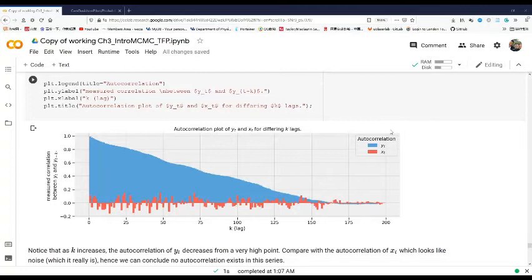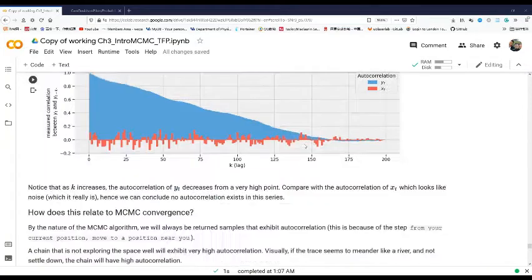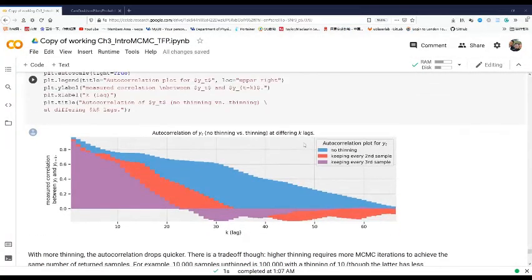Since usually a high autocorrelation means it's not particularly good, then we can reduce the autocorrelation by thinning the samples. That is, we only keep every second or third sample and we discard the rest of them to reduce the autocorrelation and to increase the convergence.